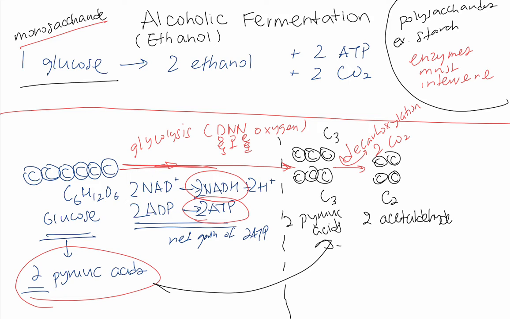And finally, we're not done yet. These 2 acetaldehydes, which chemically you can represent as CH3CHO, is a substance, by the way, that is produced when ethanol is oxidized.